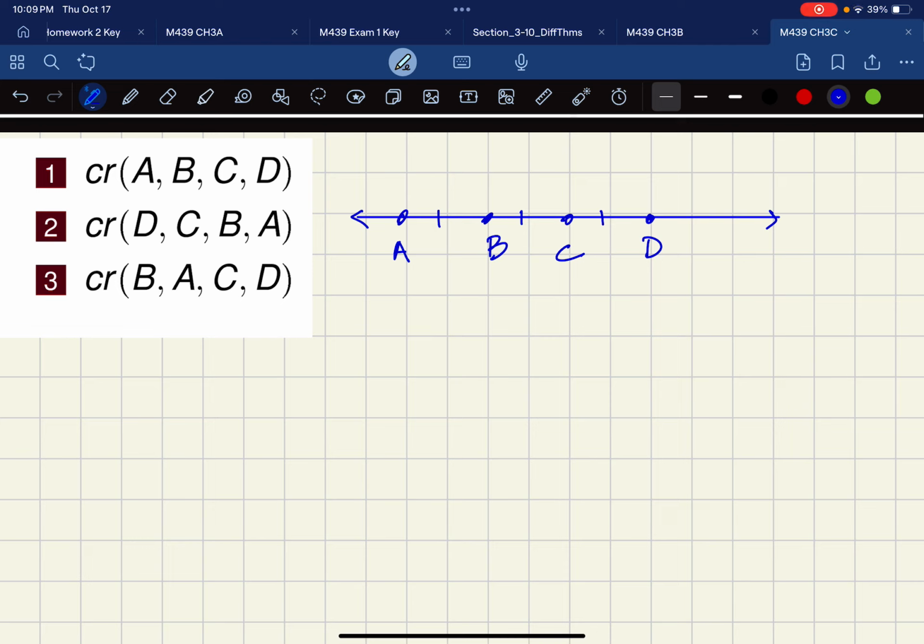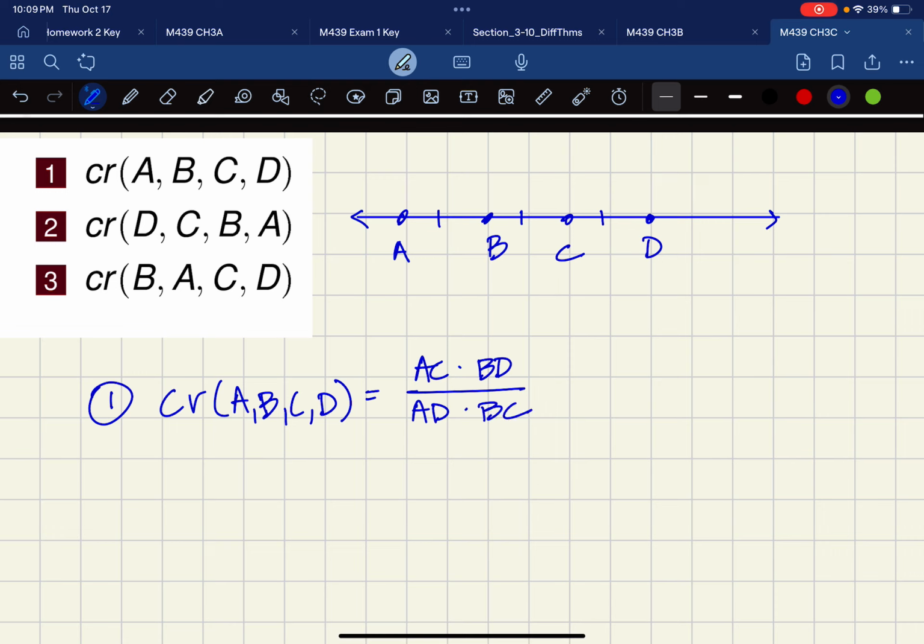And what we're supposed to do, one, is find CR(A, B, C, D), which we know then to be AC times BD all over AD times BC.